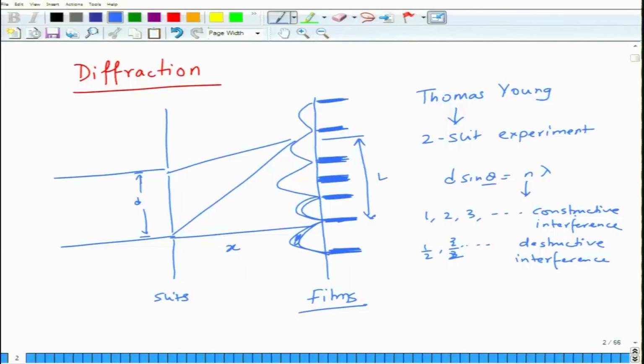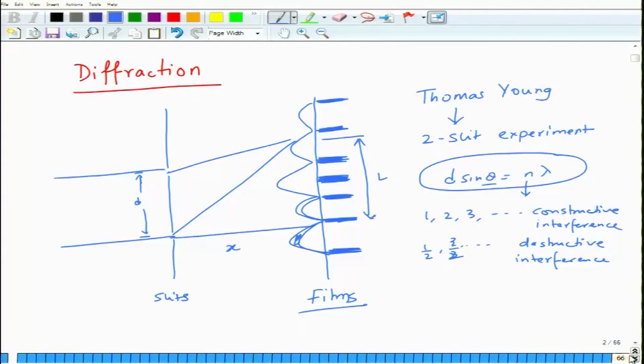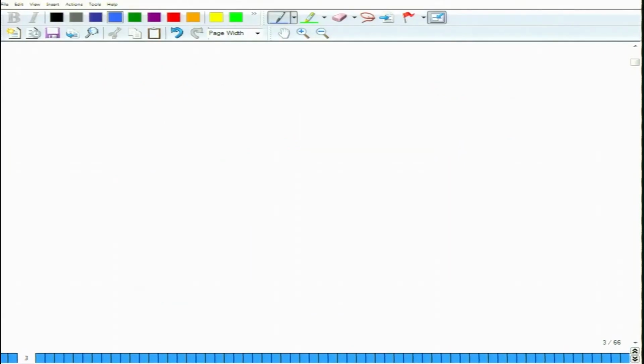Here d is the slit spacing, theta the angle of diffraction, and lambda the wavelength. So this is the condition which needs to be fulfilled for diffraction to occur, where n is an integer. The moment it ceases to be an integer, there is no diffraction; it leads to destructive interference. Thomas Young's experiment laid the foundation of modern diffraction analysis.